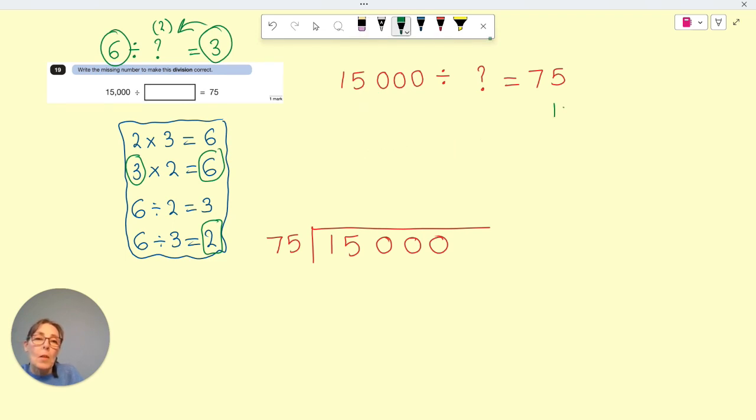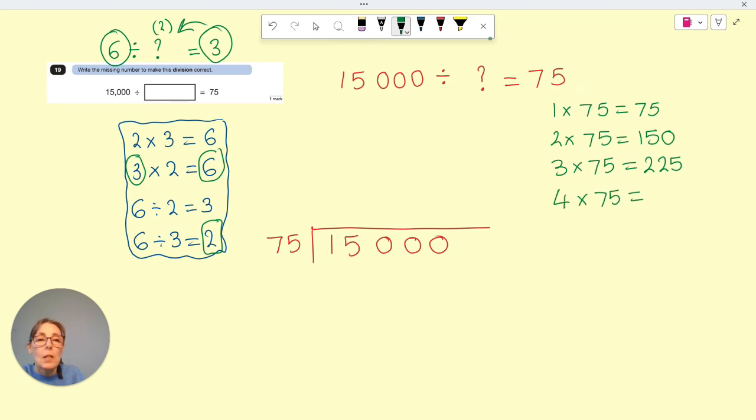So 1 times 75 is 75. 2 times 75, 2 times 40 minus 15, so it's 150. 3 75s is the same as adding 75 and 2 75s, so it's 225. 4 75s, 300. 5 75s, we'll just do up to 5 75s, it's 375. So let's see if that helps.